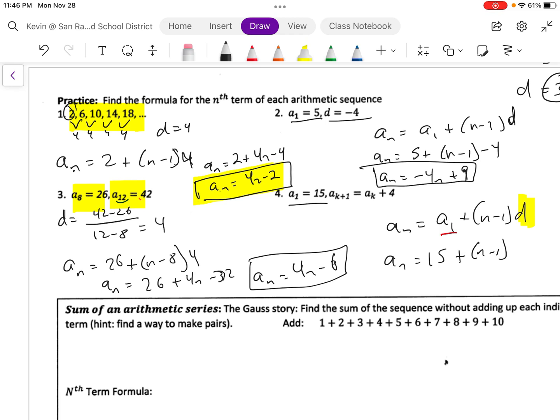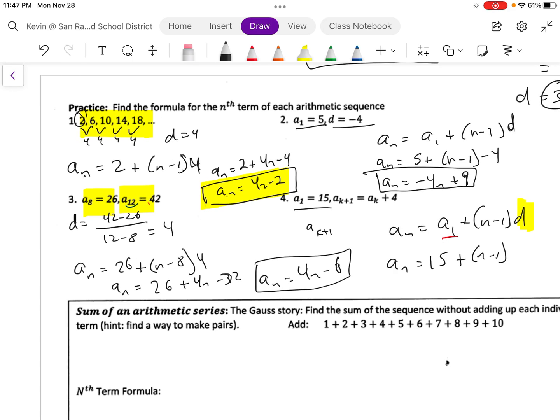Well, if we look at this, a sub k plus 1 is going to be the term after a sub k, right? So if a sub k plus 1 equals a sub k plus 4, then 4 is our d. So we put 4 in here. And then we have a sub n equals 4n plus 11.